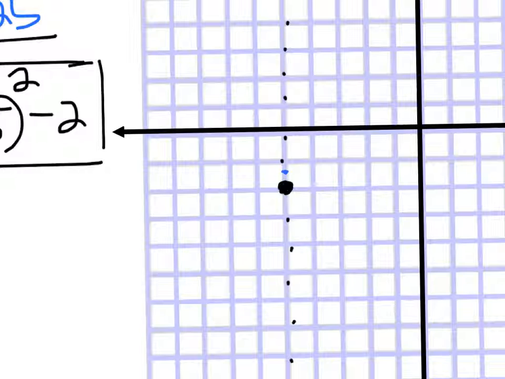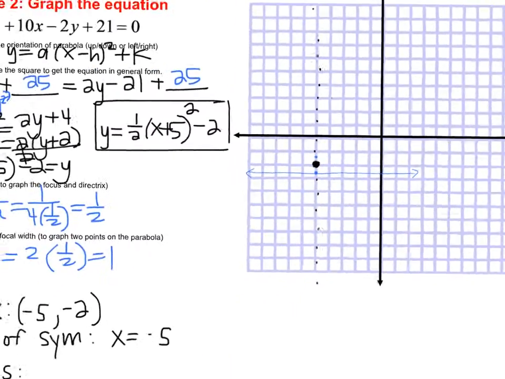So the question is, which is the focus, which is the directrix? But we already know that, because we said our parabola was facing up, which means that underneath is the directrix and above is the focus. So I'm going to turn that point I made into a line, because that's what it is. So that's our directrix. Zoom back out.